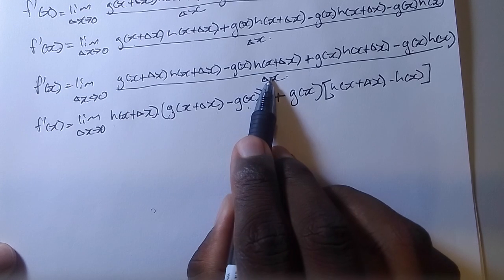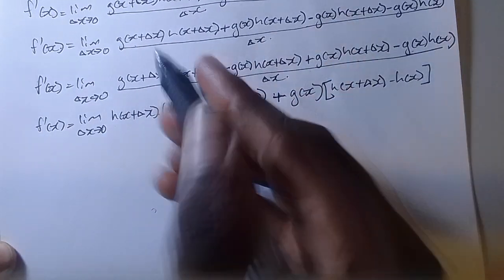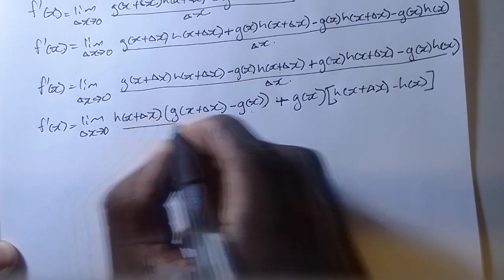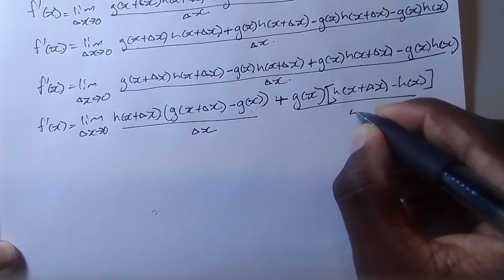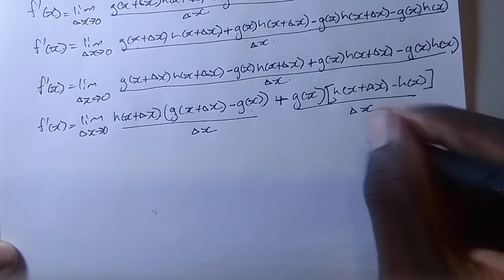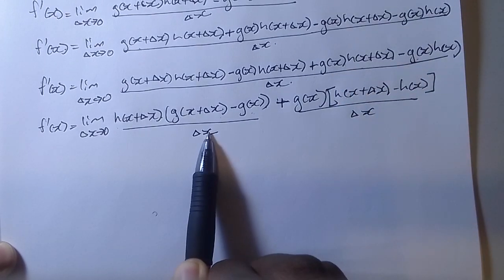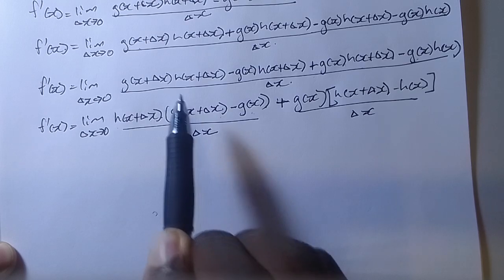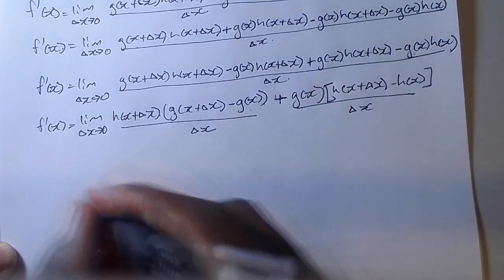So the denominator is going to go with this guy, and it's also going to go with this guy. So you have delta x there, delta x there. To prove that this is the same as that, if you take the same denominator and add the numerators, you still get that.